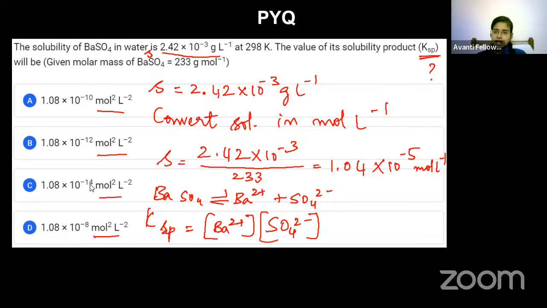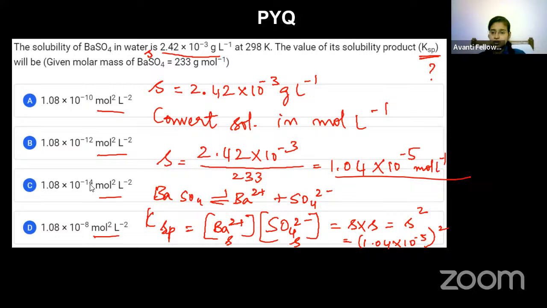So we have one cation and one anion, so both the concentrations will be S and S. So it will be S into S, which is S square. We have the S value in our hand. Just substitute 1.04 into 10 to the power minus 5, the whole square. If you take the square, you will get 1.08 into 10 to the power minus 10.